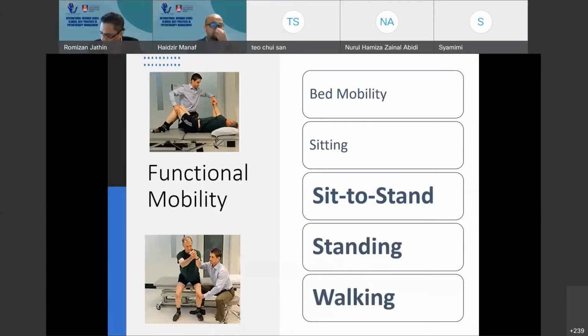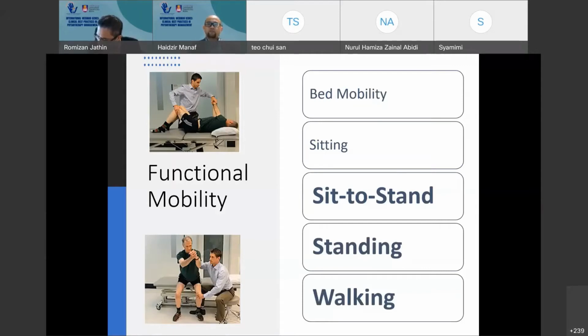Progression is from guided movement to active movement as soon as the patient is stable and able to assume independent control. This is the suggested functional mobility training during the early rehabilitation stage.